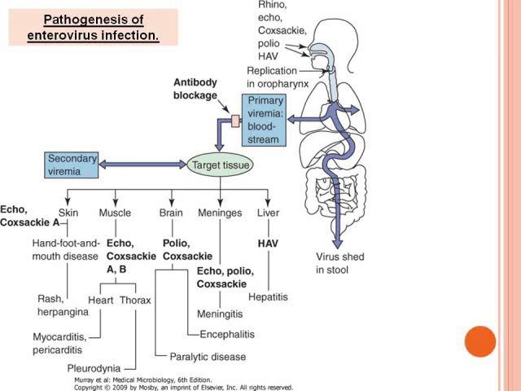And then the typical clinical picture will be dependent upon which organ of the body this virus invades. So if it's the respiratory tract, you have symptoms of the upper respiratory tract. If it's the gastrointestinal tract, you have symptoms of the gastrointestinal tract. So symptoms of disease are easy for us to understand once we know where this organism is going to end up.